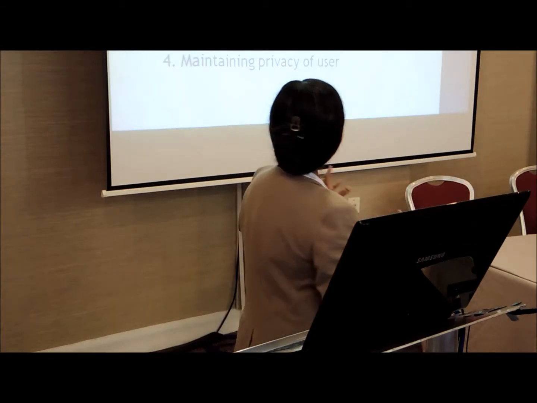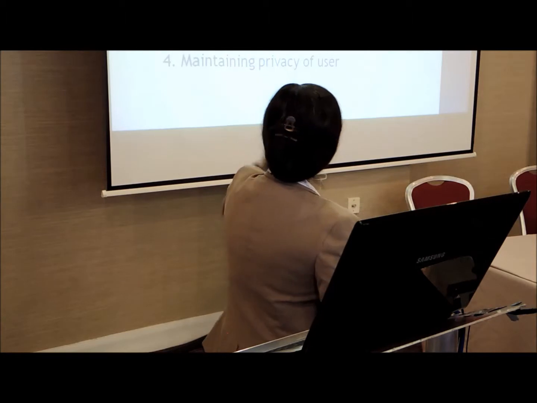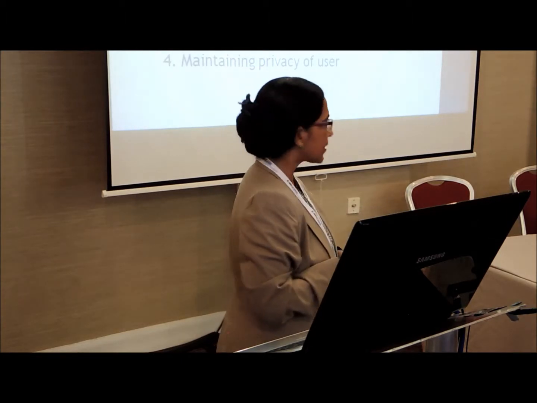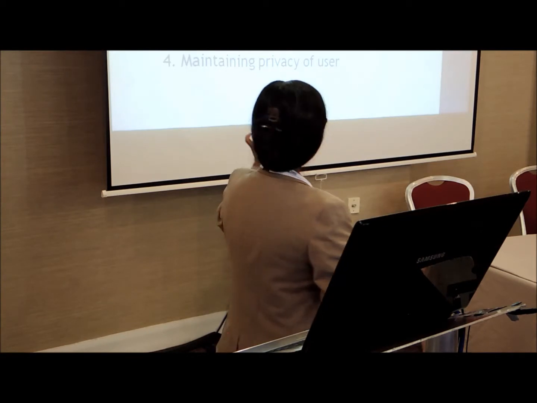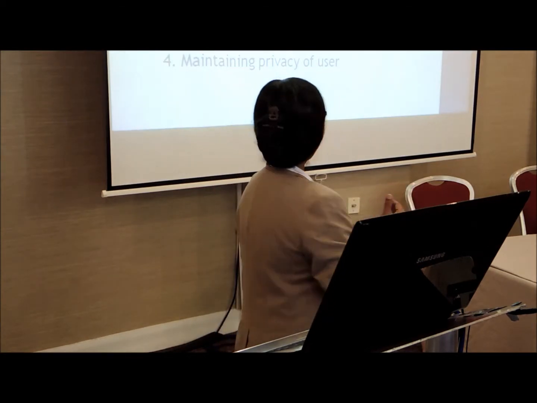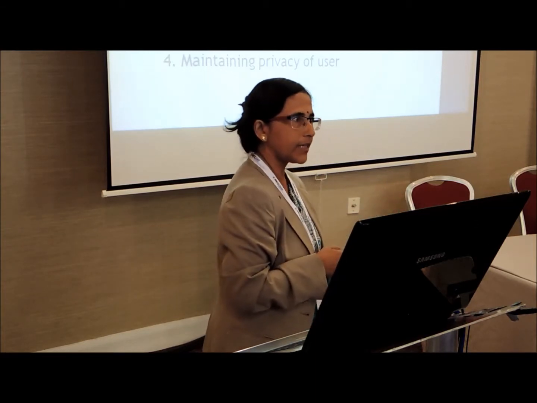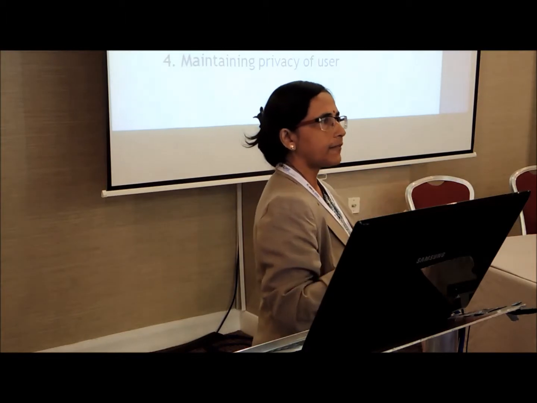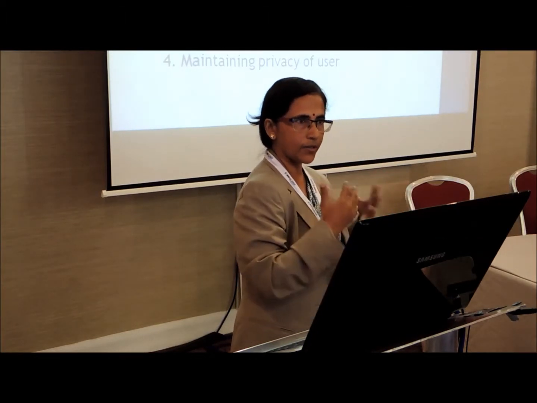So the security issues that came forward were that we have to authenticate the users for using network resources, we have to secure the network resources, and we also have to secure access to the resources. And generally we would like to maintain the privacy of the user, but privacy of the user is not a part of this work, at least till now, so we are not concerned about that.